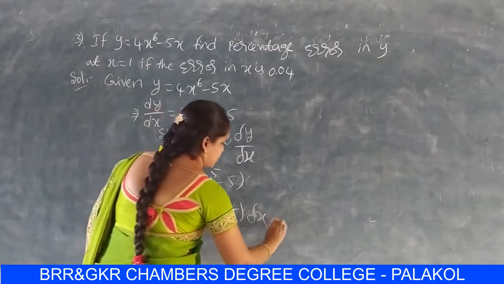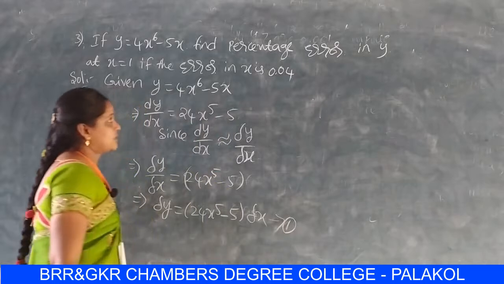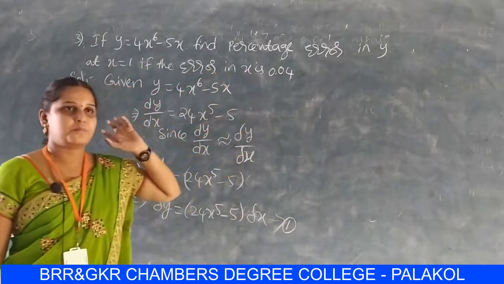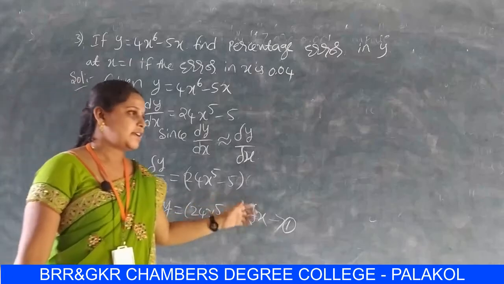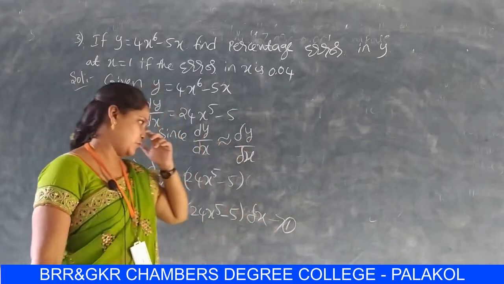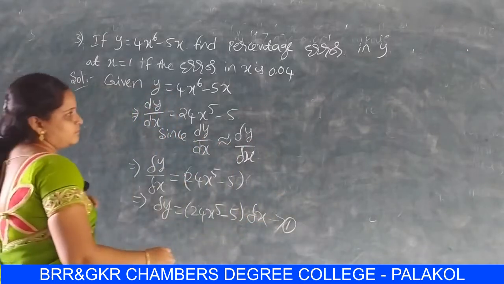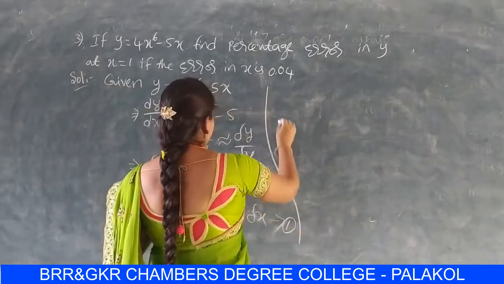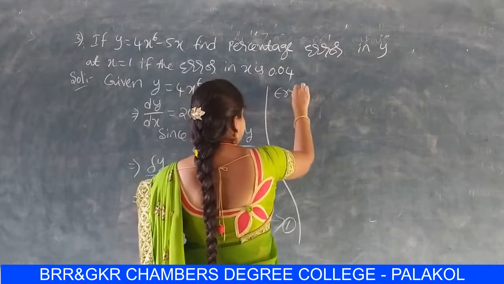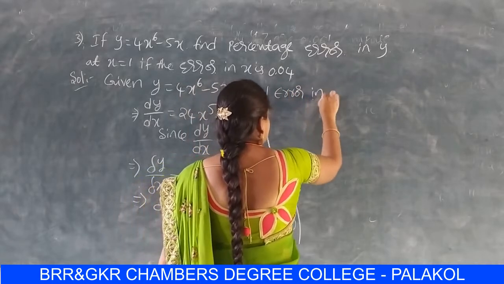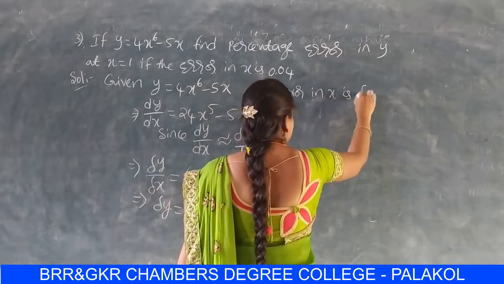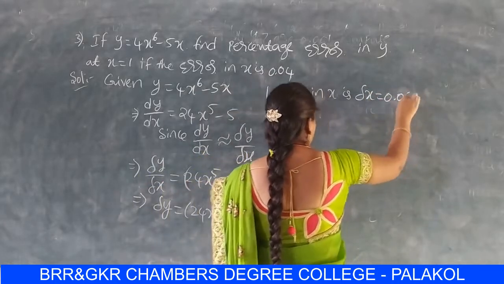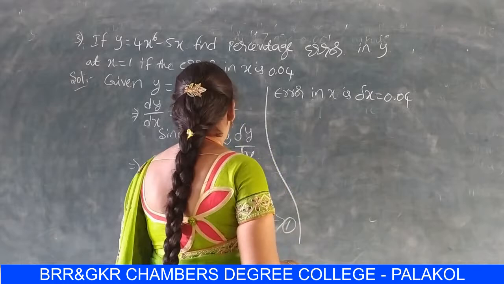So this is equation 1. Next, the error in x is 0.04, which means delta x is equal to 0.04.